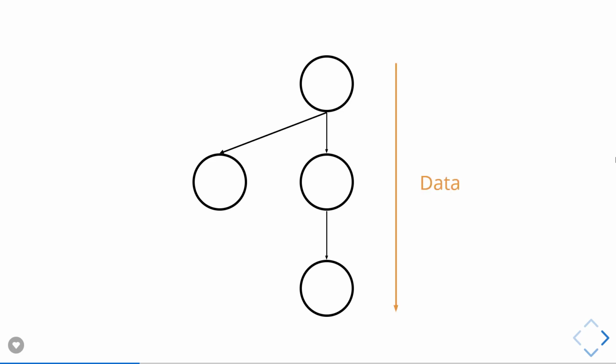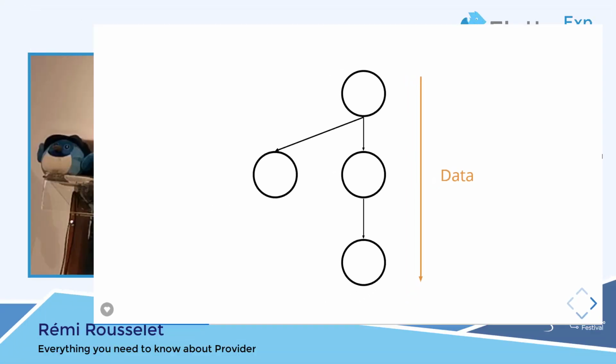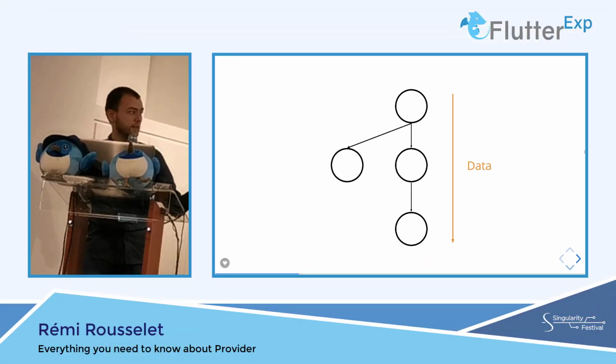That is, data gets passed only down. It cannot go higher in the tree. Which means that, for example, if this widget contains data, then this widget will be able to obtain the data of this widget. But on the other hand, if this widget contains some data, then this one won't be able to read from this one.